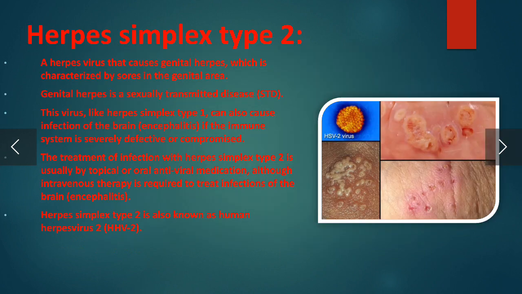Herpes simplex type 2. It's a virus that causes genital herpes, which is characterized by sores in the genital area, for example, in sex organs.